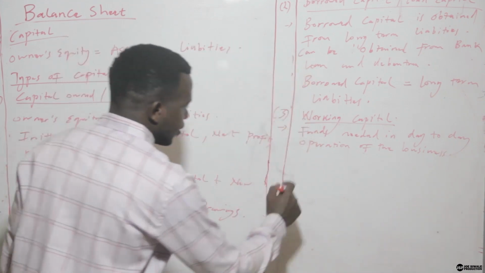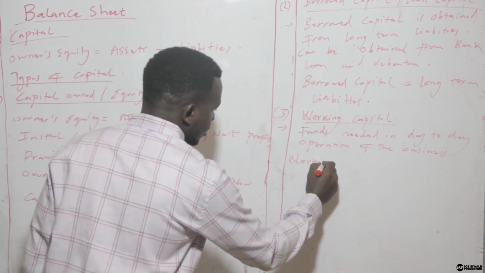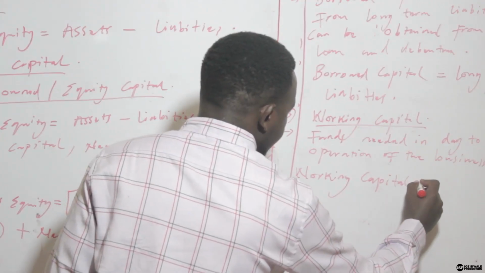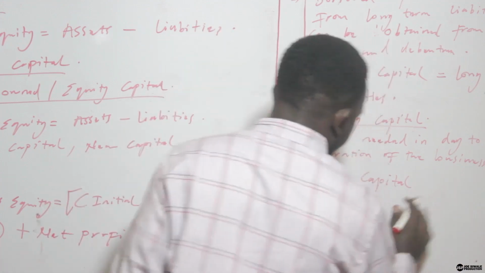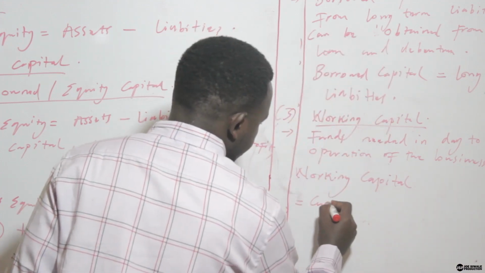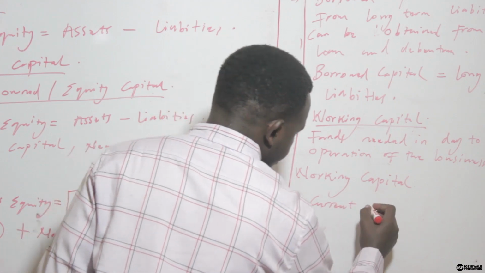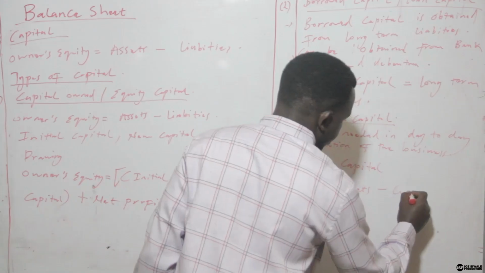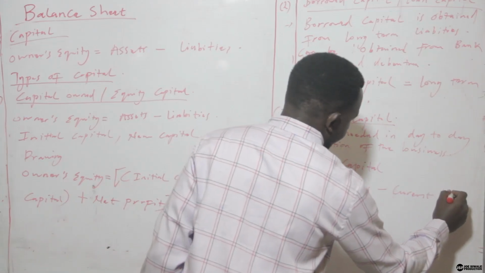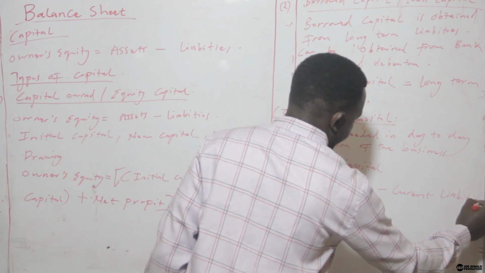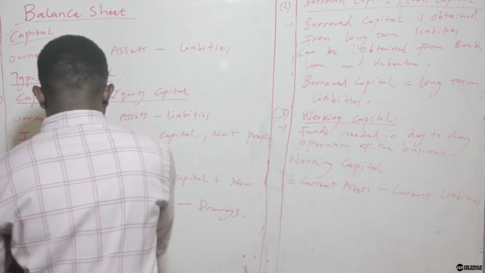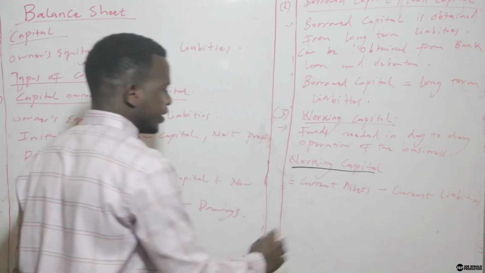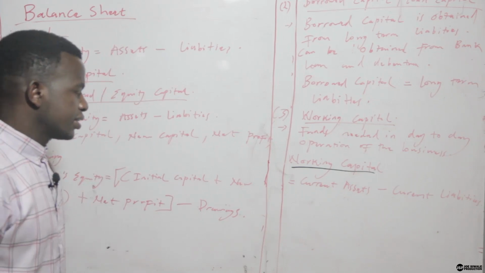And this can be found by, so we can say working capital is equal to current assets minus current liabilities. So working capital is equal to current assets minus current liabilities.